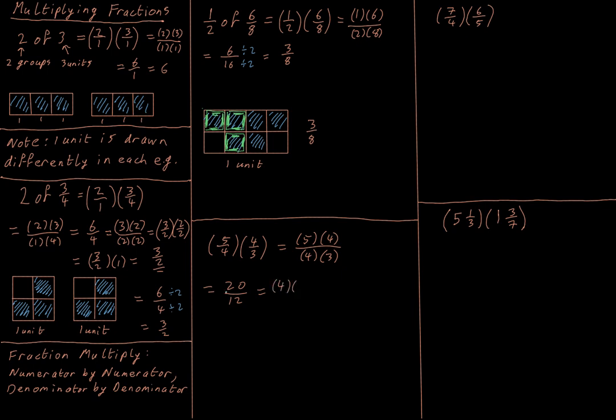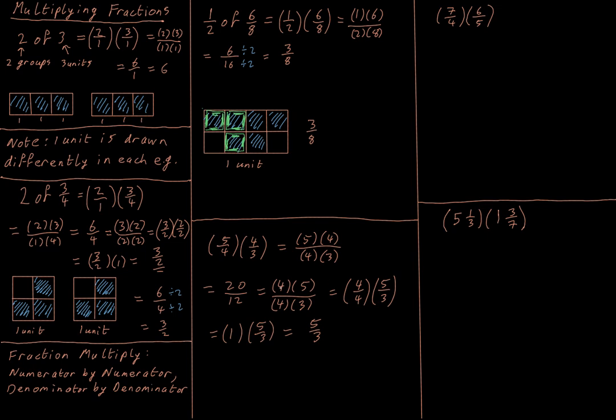So I want to write these fractions in terms of their highest common factor. Be 4 all over 4 and 5 all over 3, which is 1 multiplied by 5 over 3, which is 5 over 3.